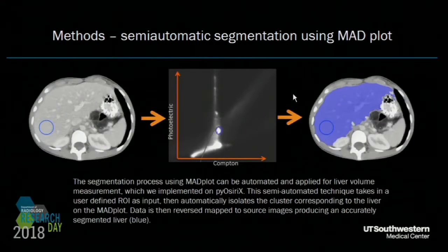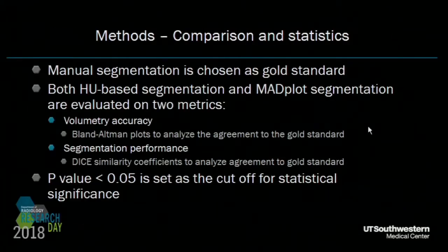The way that we can take advantage of this fact is that the user can input a specific region of interest within the liver, so this is semi-automated, and then that will correspond to a particular set of Compton and photoelectric coefficients within this area of the MADplot. And then what we can do is select this entire island of Compton and photoelectric coefficient coordinates, and then use that to reverse map to the entire liver. And that produces an accurately segmented liver.